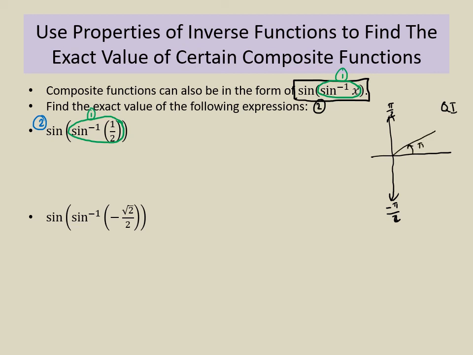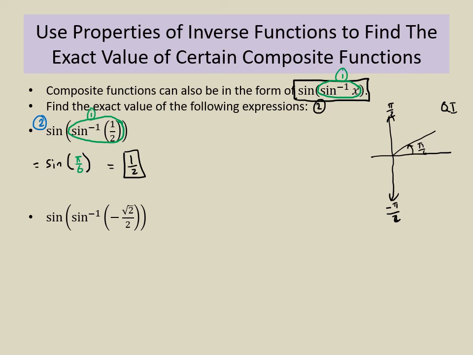Pi over 6. Okay, so now we have sine of pi over 6. It's an easy one. What's sine of pi over 6? 1/2. Very good. I hope that you guys got that one easily.